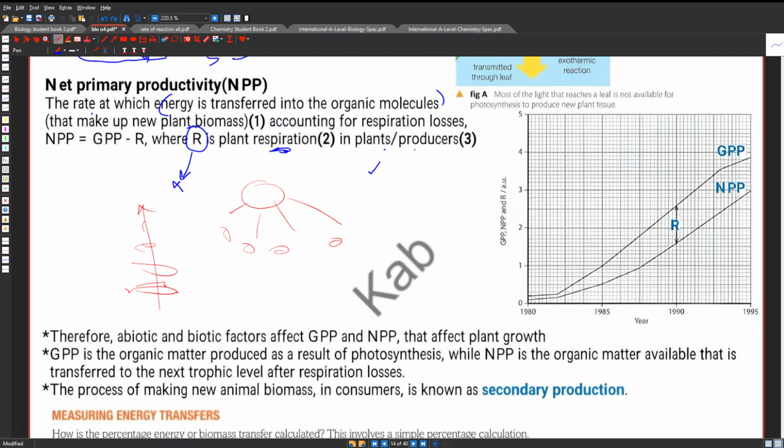However, that energy is not lost from the higher energy level consumer, because the developed organism contains organics that can be used for energy.